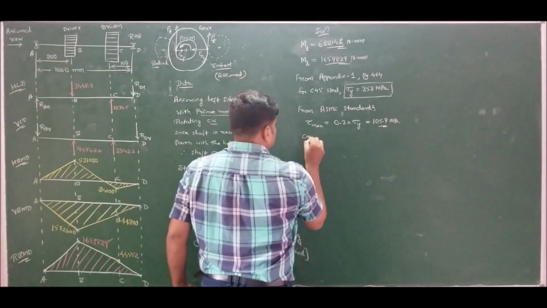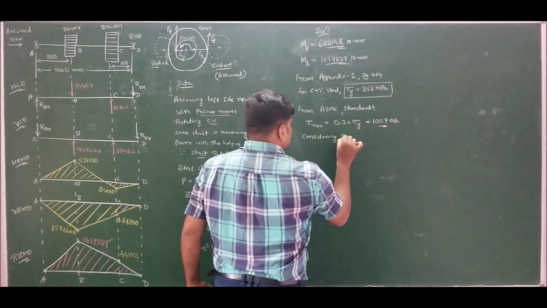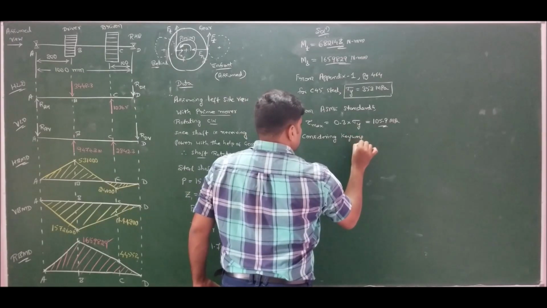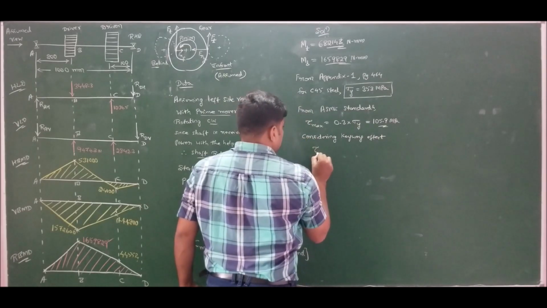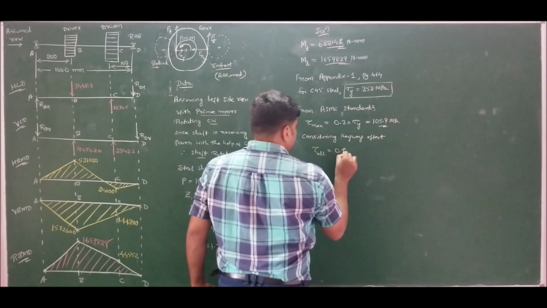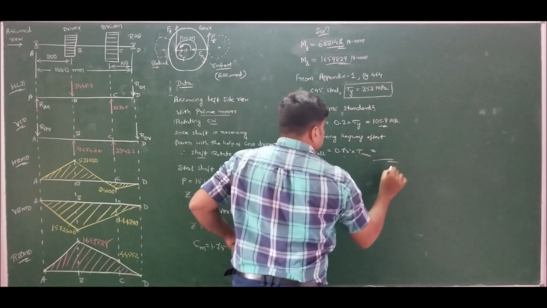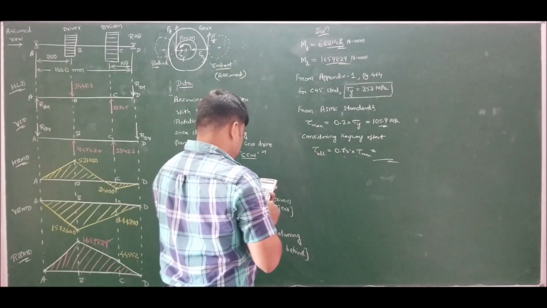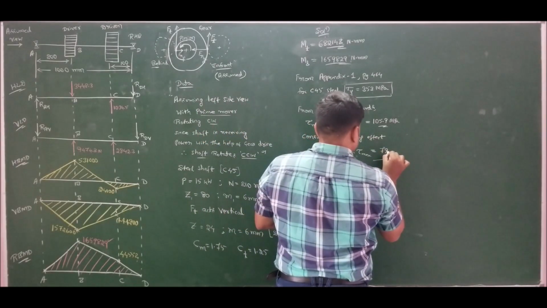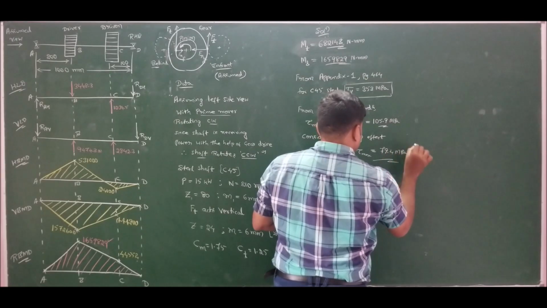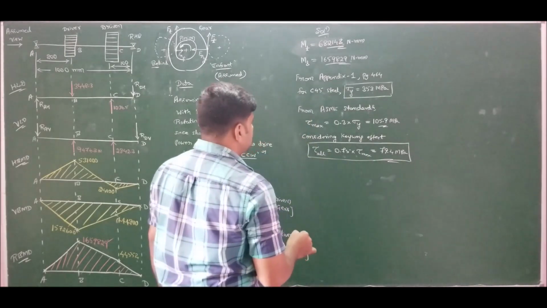Considering the keyway effect, 25% of strength is lost, so therefore tau allowable will become 75% of tau max, into 0.75, which is nothing but 79.4 megapascals. So I should solve for 79.4 megapascals in maximum shear stress theory.